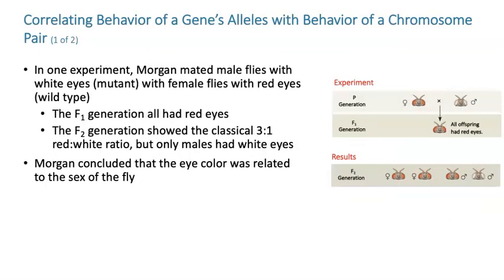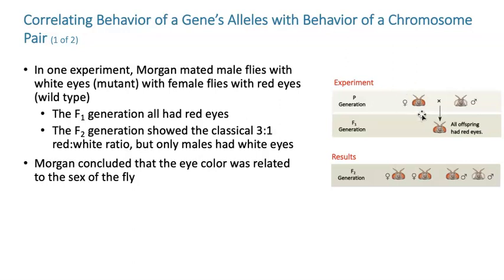So when we're looking at his experiments, he also did what Mendel did, where he had a parental generation, an F1 generation, and an F2 generation. And very interestingly, and this is going to become important in a second, here's your red-eyed fly, and this is a true breeder because it's the parental generation, right?